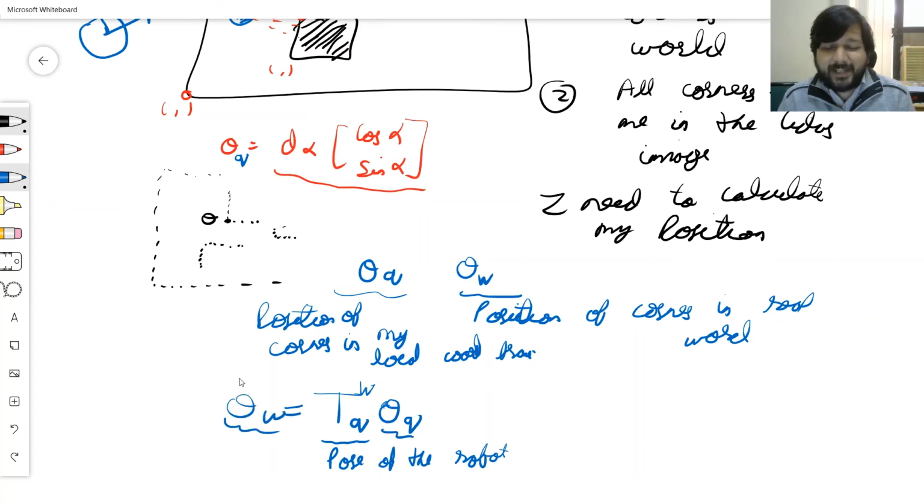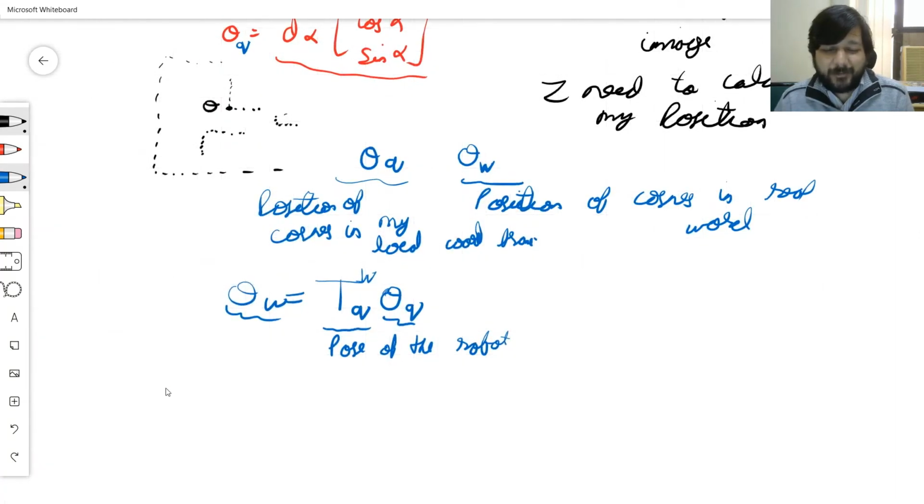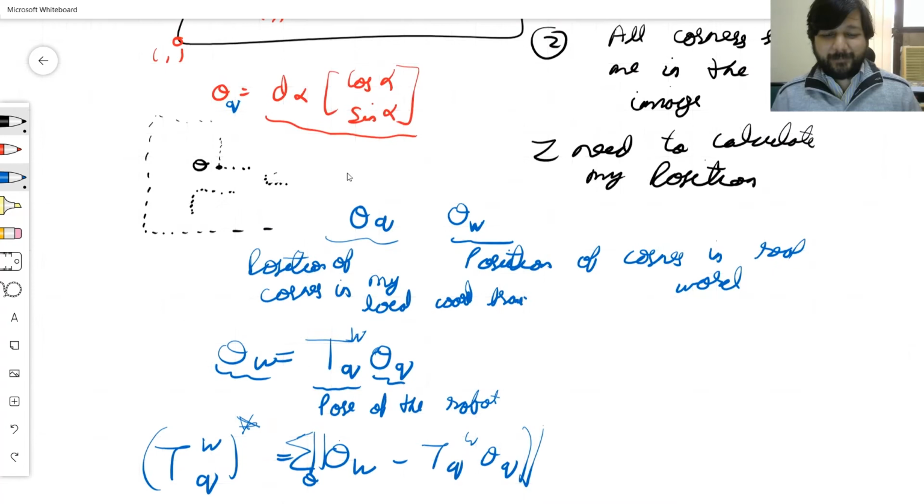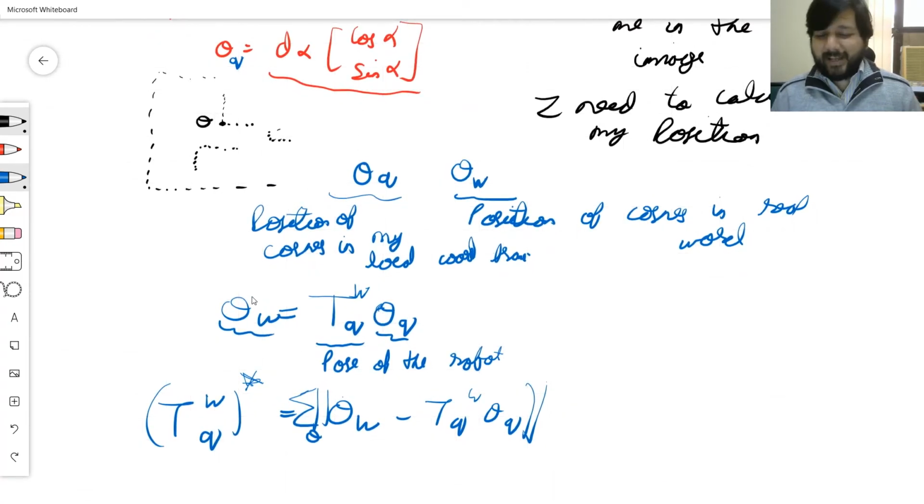The only thing is that I have too many corners, so I'll solve it like an optimization problem for all corners O. And what's important is you really need not take corners. You can do it for all the points in the LiDAR image. So let me take that as an example as well. And that's what my localization problem is. So this is arg min of this objective function.